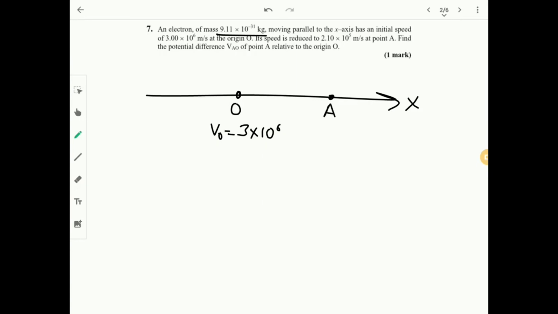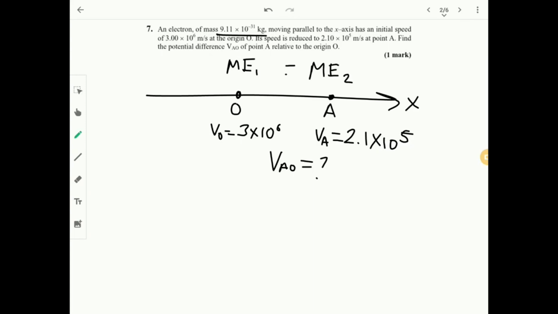Here I'm just giving a graphical representation of the given: 2.1 times 10 to the power of 5, and we want the potential difference VAO. Now again, conservation of mechanical energy. We have a certain mechanical energy, let's call these ME1 and ME2.